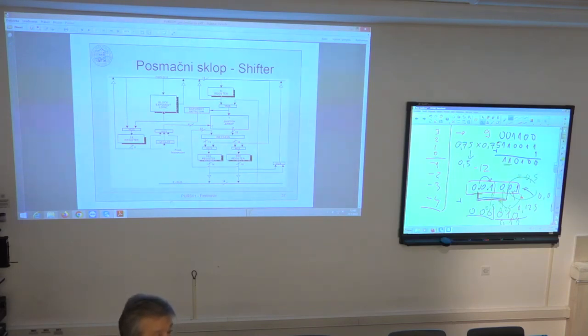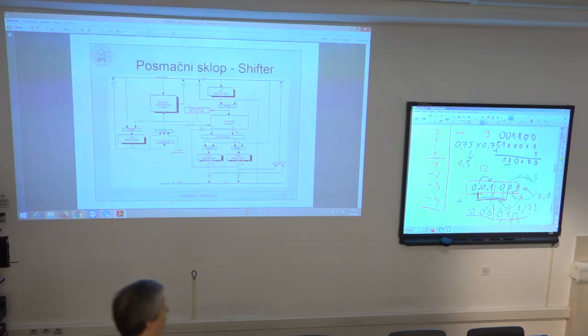So to be able to shift the value by any number of bit positions to the left or to the right, this architecture is called a barrel shifter, because like a revolver that has a barrel, you can rotate this barrel by any position and have a new position of the barrel on your revolver. The same idea is here. This rotation can be an arbitrary number of positions to the left or to the right, and you get this shifting in a single cycle for any number of shifts.